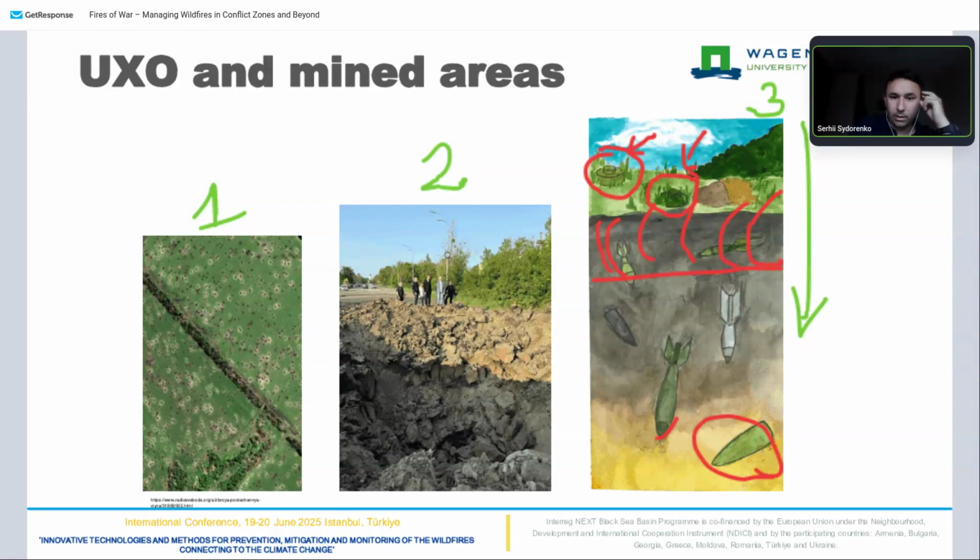But others can be very deep inside the soil, and it's very hard to clean the area of them, and they stay there for a long time.